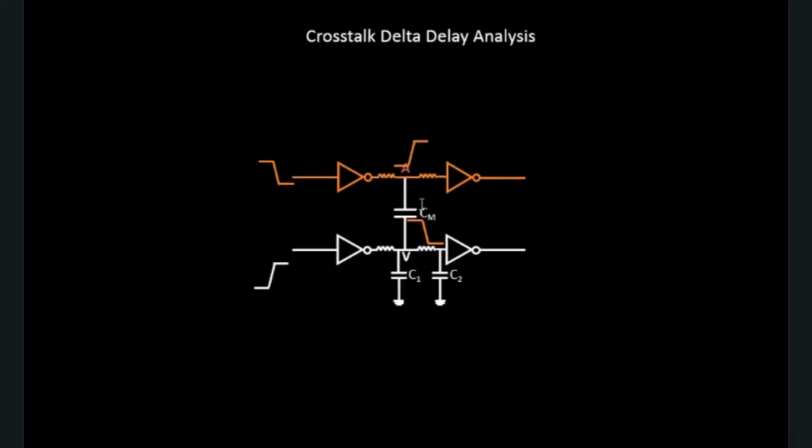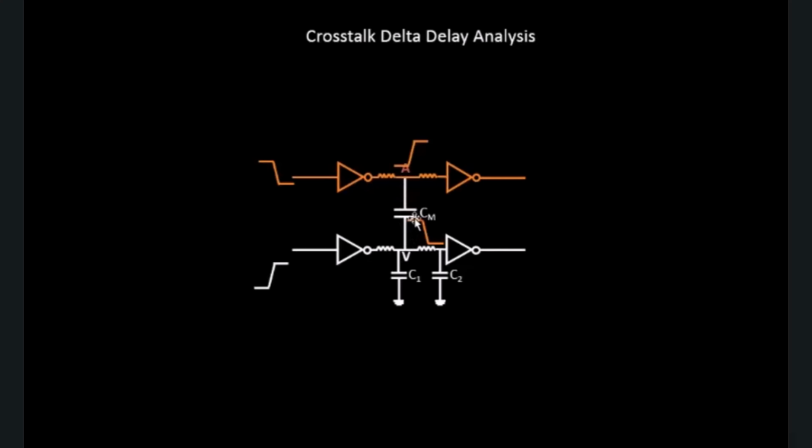Now, as we already talked about in the previous videos, we considered the mutual capacitance, or the coupling capacitance, as a leaky bucket. When this aggressor net is getting charged, or basically when this bucket is getting filled up with water, there is some amount of leakage, and that water leaks onto the victim net.